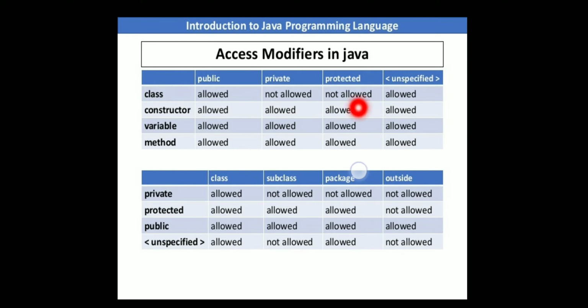In a class, only the public access modifier is allowed. In constructor, all three types of accessibility are allowed. In variables also, all three access modifiers are allowed. In method also, all modifiers are allowed. Only in a class, the public access modifier is used.